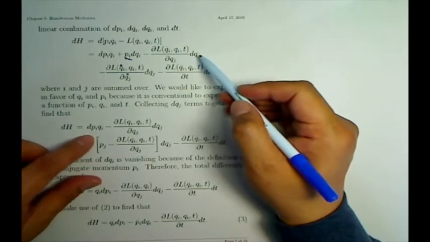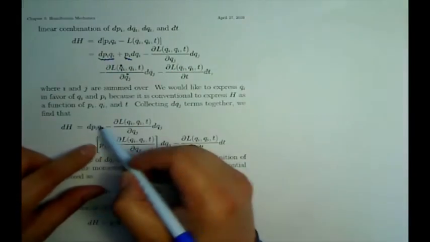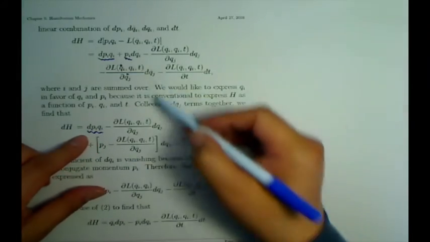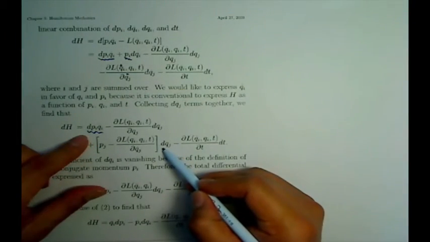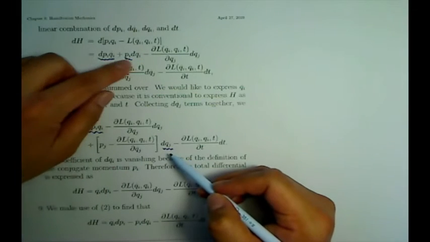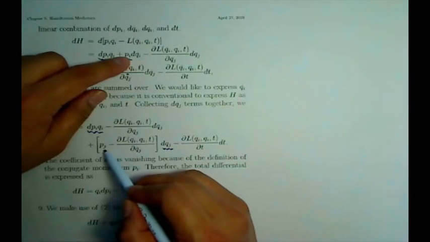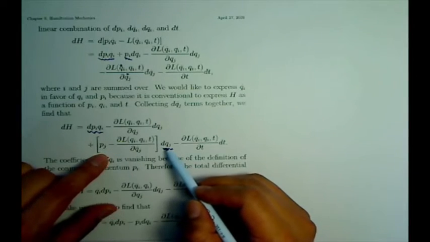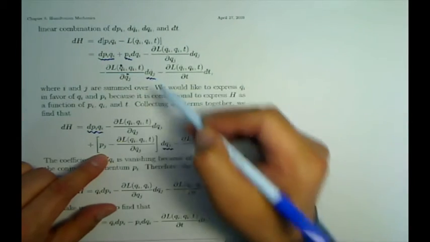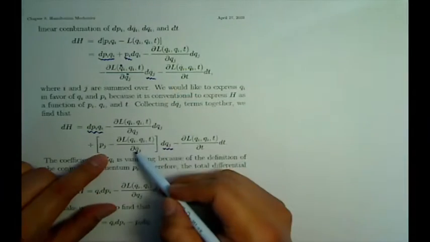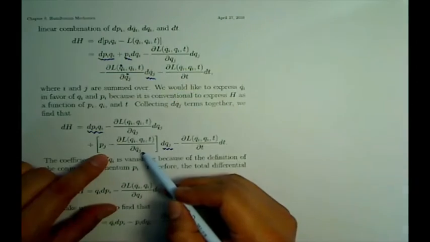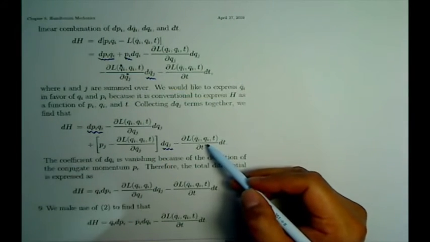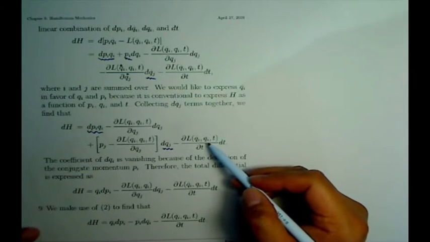And first of all, this one appears here, this one appears here, and then here dqi appears here, but we replaced i with j here, right? And then where is the dq dot? Here is our dq dot. Dq dot is here, so they are combined. This one and this one are combined in here, and time derivative appears here. All right.